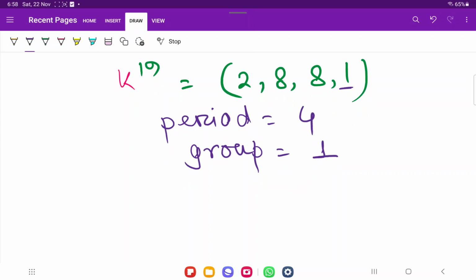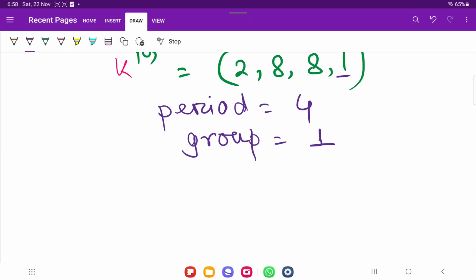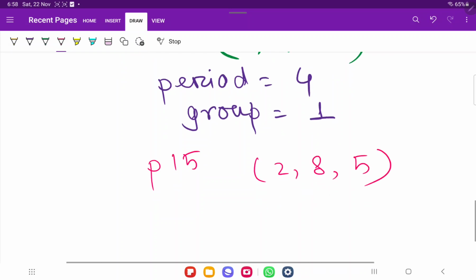Now let's take another example, phosphorus. Phosphorus has 15 electrons, so the configuration will be 2, 8, 5.